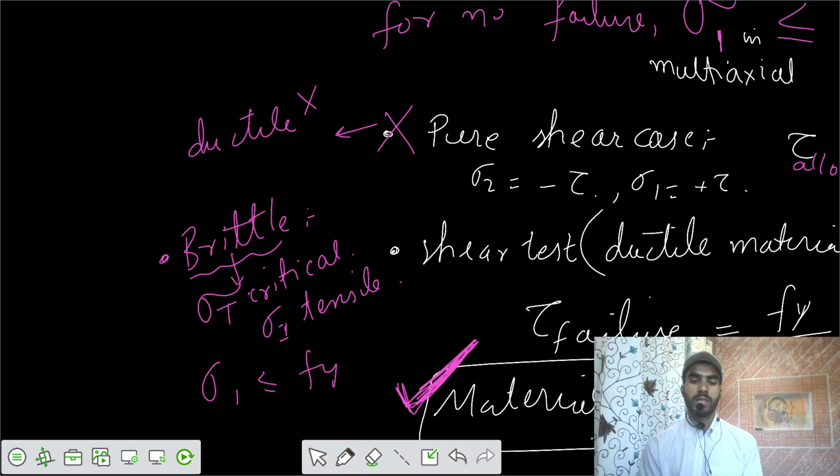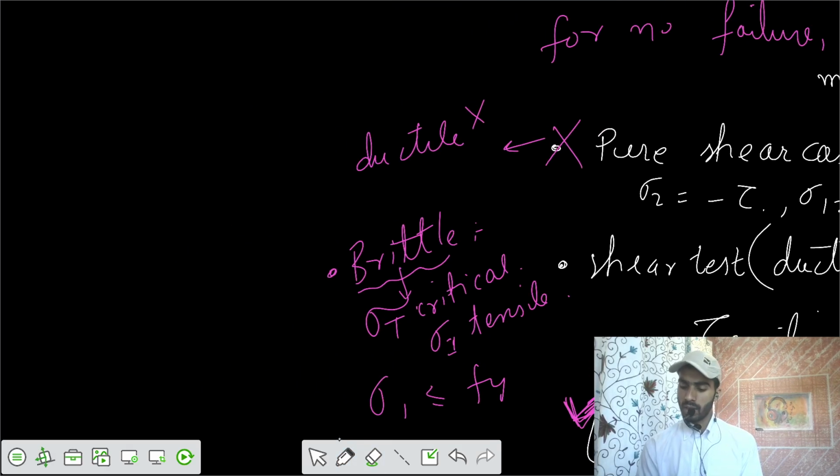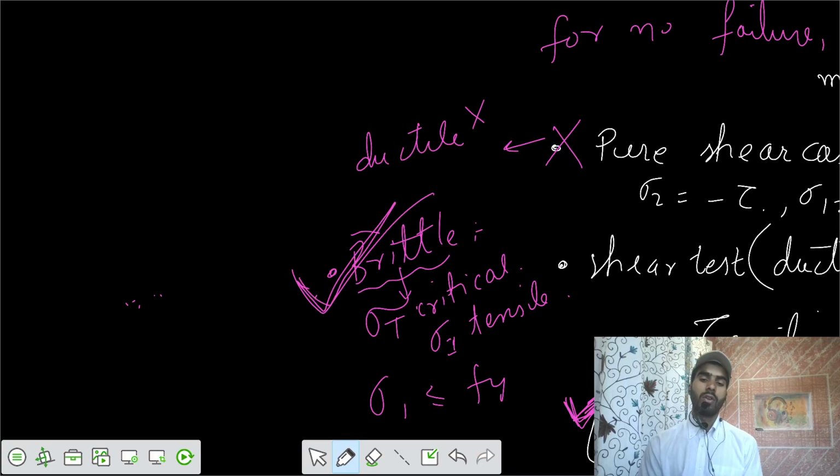That means this method is suitable for brittle material, because brittle material is critical in tension, or normal stress. So this method is suitable for brittle material, not for ductile, not for pure shear.